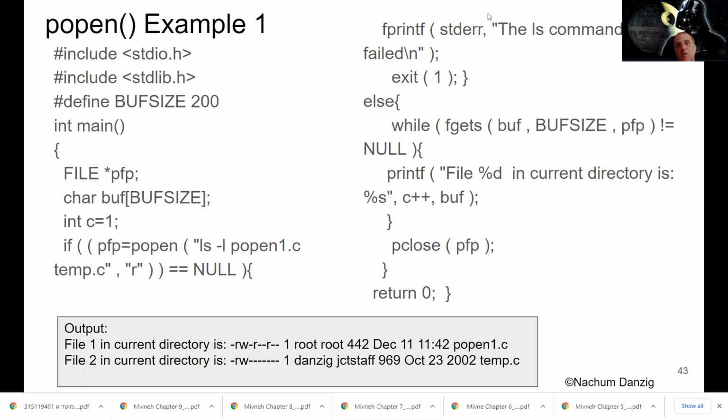So now I check for an error. Remember, anytime I do a popen, it could fail. This popen could fail to create a pipe. So I do an if on this whole thing. If it is null, then it failed. So if it's null, then print the ls command failed, exit. Else, it didn't fail.